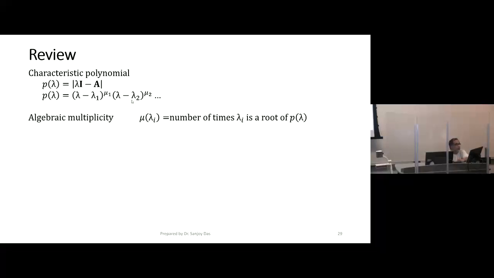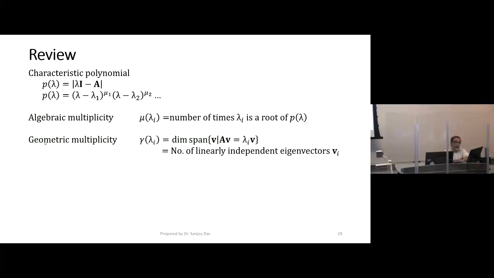So this is the characteristic polynomial, and the algebraic multiplicity is the number of times lambda I is a root of P of lambda. That's mu of lambda I. The geometric multiplicity is gamma of lambda I, which is the number of linearly independent eigenvectors Vi.